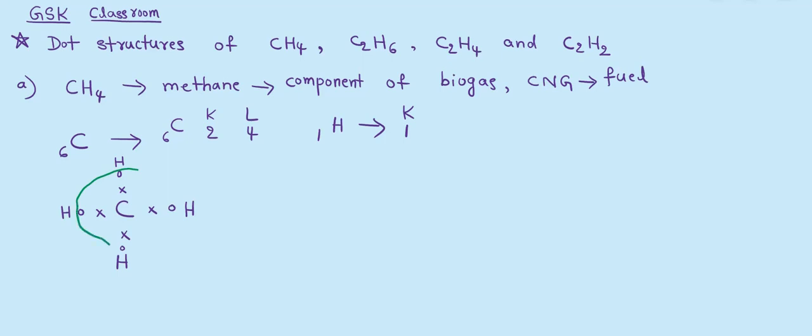So carbon needs 8 electrons to get a stable configuration. And this hydrogen needs only 1 electron to share. Okay, look here, my dear students, you circle like this.